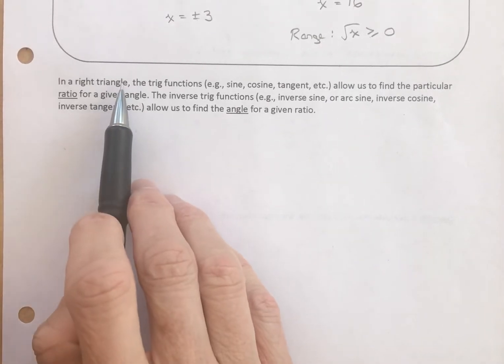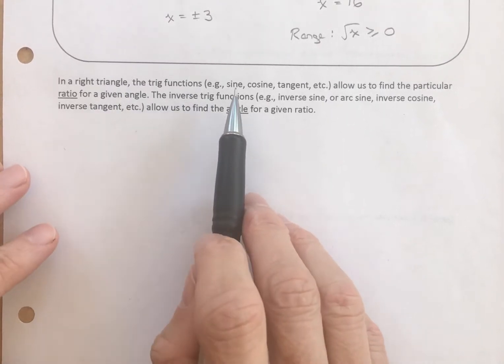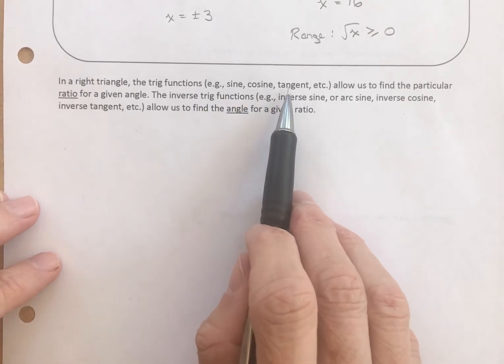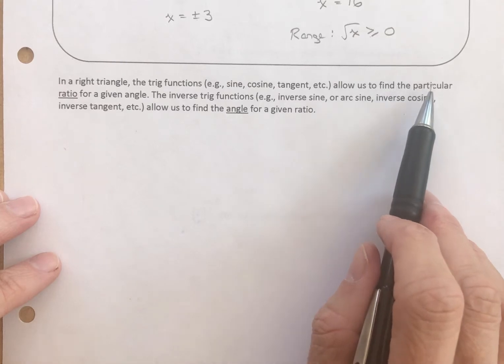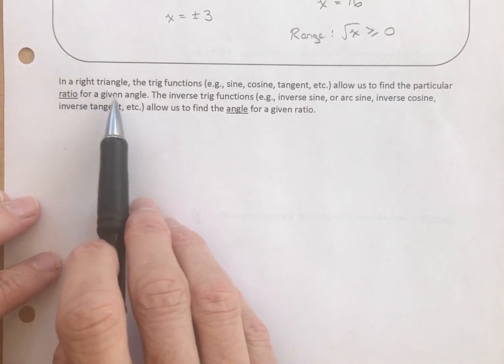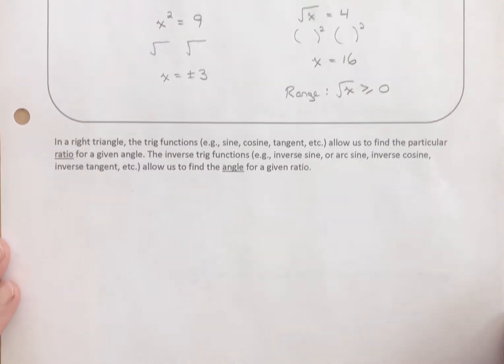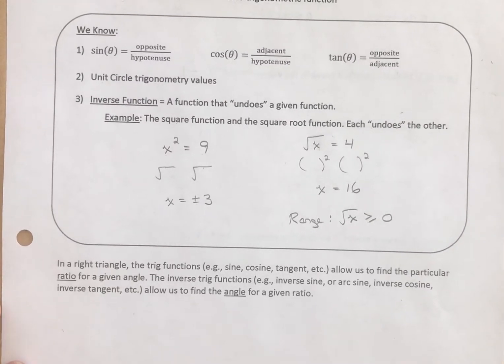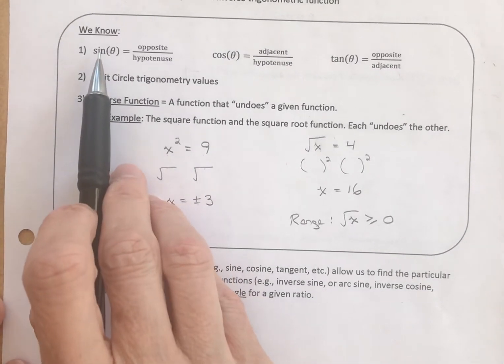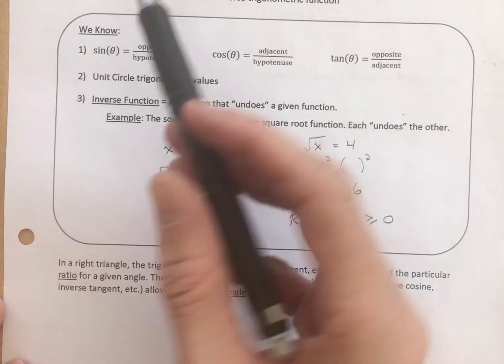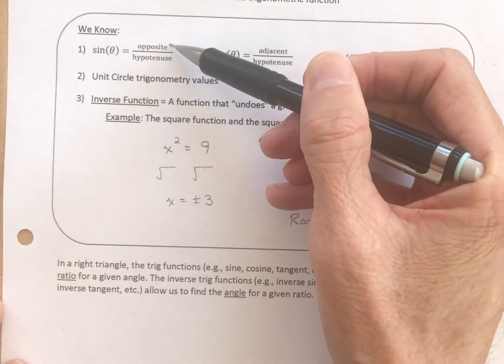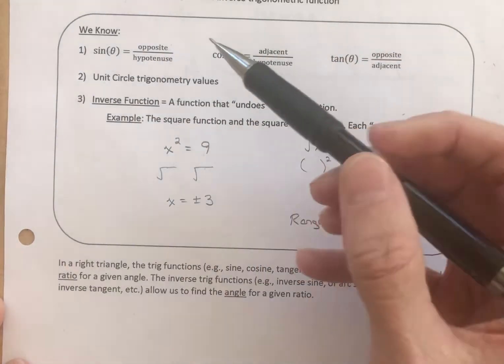In a right triangle, the trig functions, which are sine, cosine, tangent, etc., allow us to find the particular ratio for a given angle. Take the trig function sine. The sine of an angle is the ratio of the opposite over the hypotenuse.